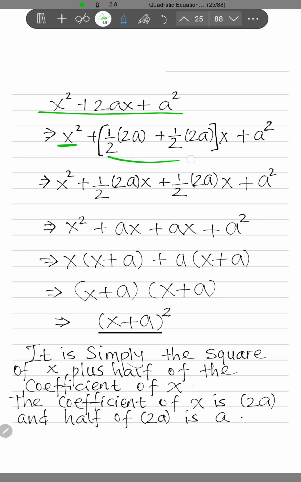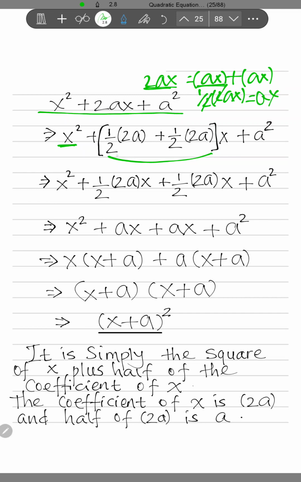I split the middle term into two places. Obviously, 2ax means 1ax plus 1ax. What is 1ax in terms of 2ax? Half of 2ax. 2 cancels out 2, which is 1ax.